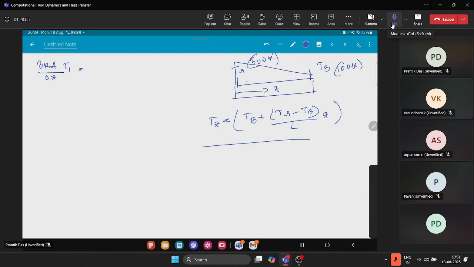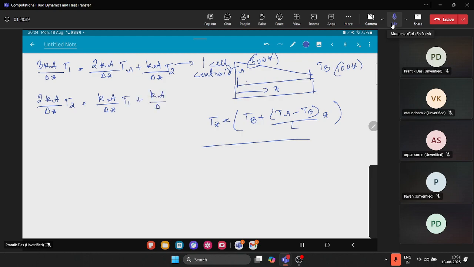Then for the first cell centroid, we get 3K by delta x multiplied by T1 equal to 2K by delta x multiplied by Ta plus K by delta x multiplied by T2. The second term is 2K by delta x T2 equal to K by delta x T1 plus K by delta x T3.